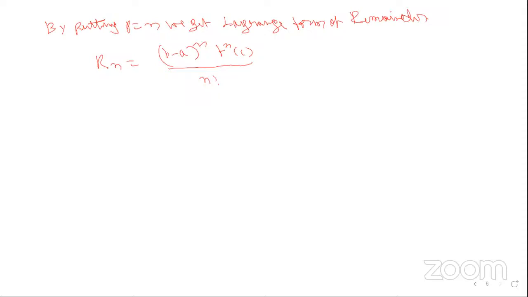By putting p equal to 1, we get the Cauchy form of remainder.